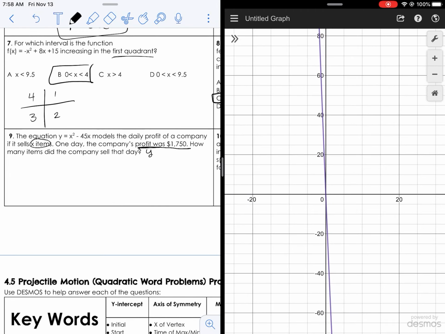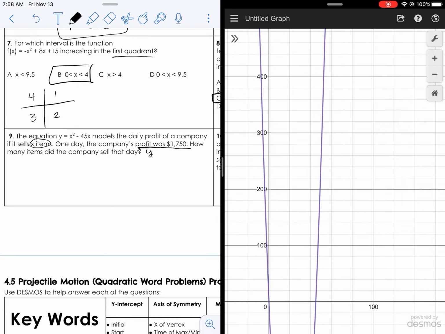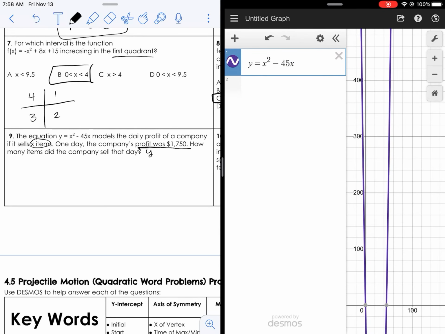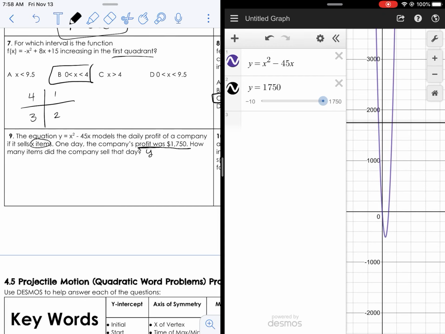So if we check this out, there's a couple ways to do this. We can scroll around until we find where y equals 1750, but that might take a little while. So another way to do that would be just to type in y equals 1750 and see where those lines cross. And obviously that's going to be a positive value because we don't have negative items.